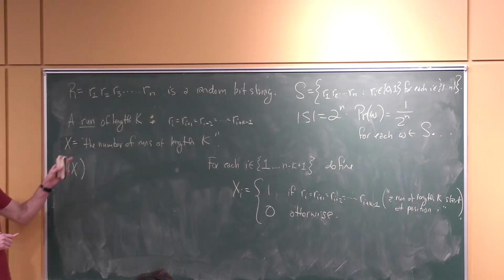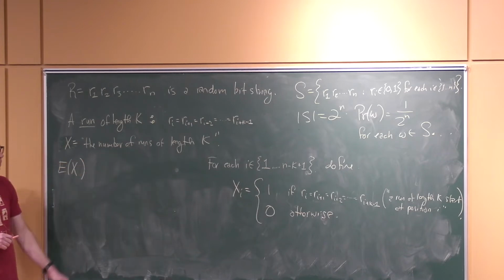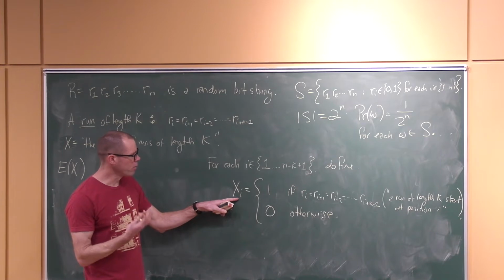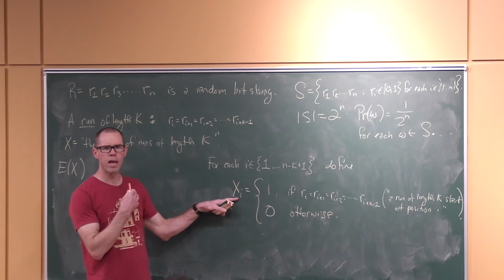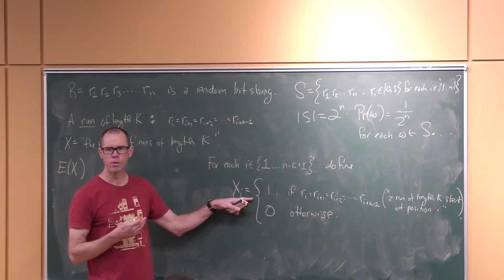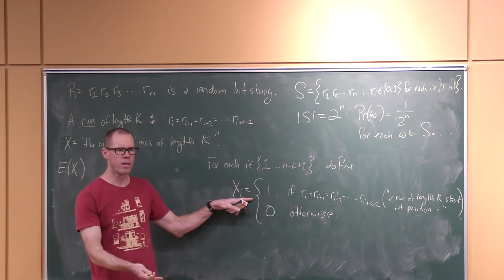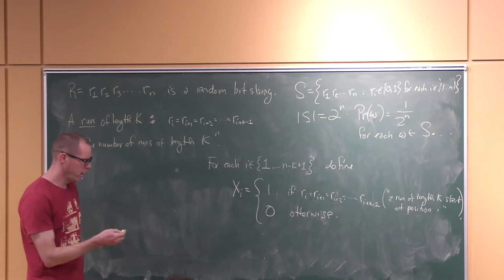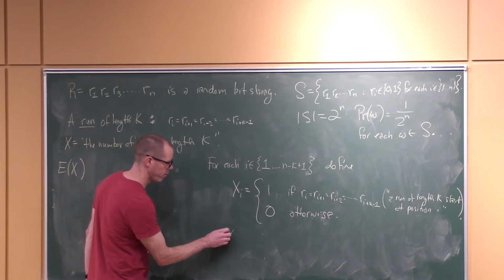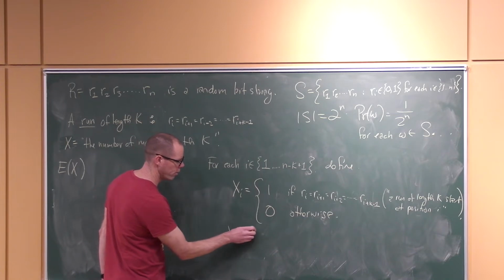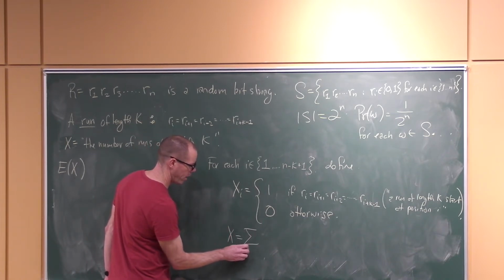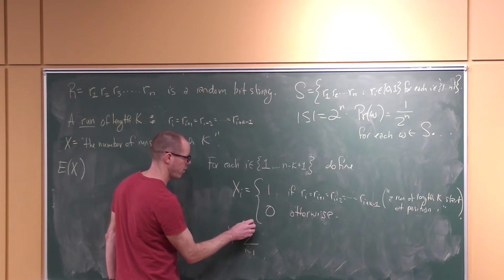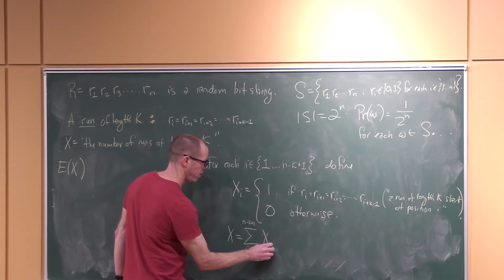So x is the number of runs of length k. x1 tells you, is there a run of length k that starts at position 1? x2 tells you, is there a run of length k that starts at position 2? x3, is there a run of length k that starts at position 3? So x is actually equal to the sum from i equals 1 up to n minus k plus 1 of xi.